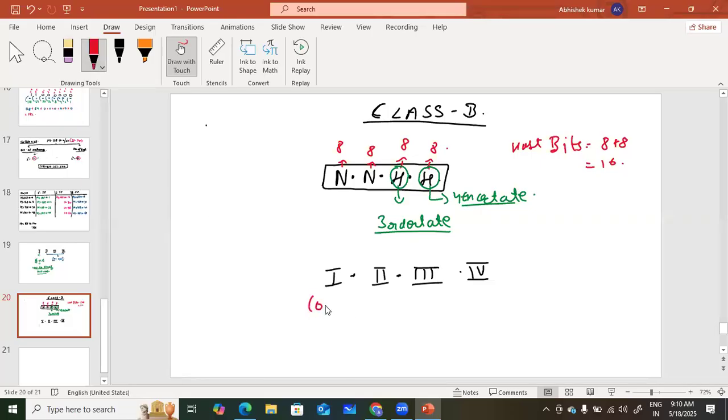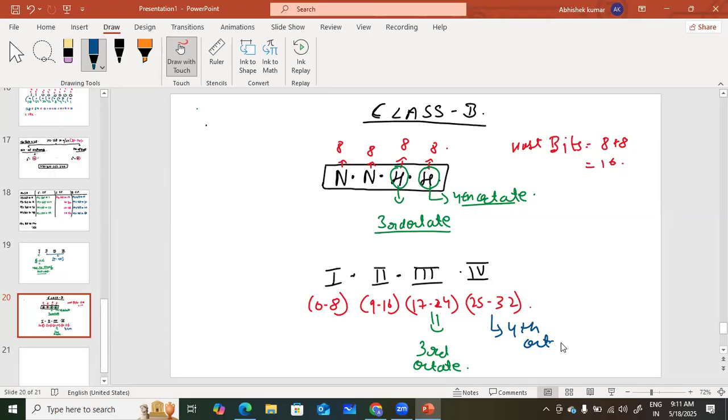The first octet is between 0 to 8 bits, the second would be 9 to 16, the third would be 17 to 24, and the fourth would be 25 to 32. So if we see any number between 17 to 24, it will be the third octet, and if you see any number between 25 to 32, it will be the fourth octet. This is how we identify to which octet we're going to perform the subnetting. Clear?